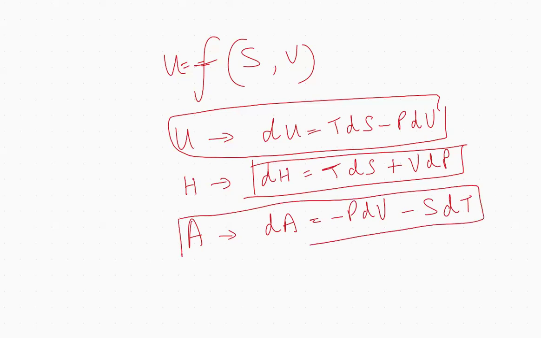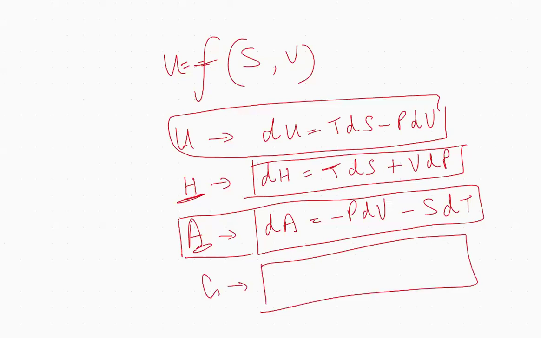And then for Gibbs free energy finally. Okay, so here for internal energy the variables are entropy and volume, and here entropy and pressure, volume and temperature, and temperature and pressure.